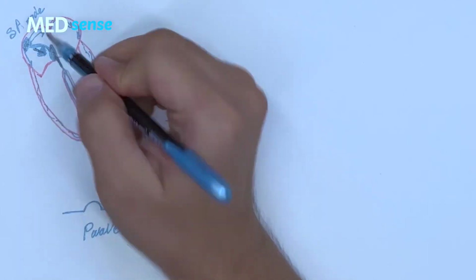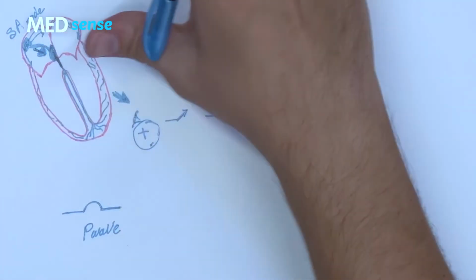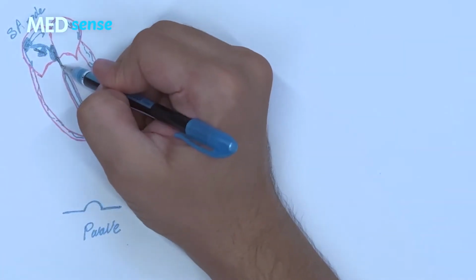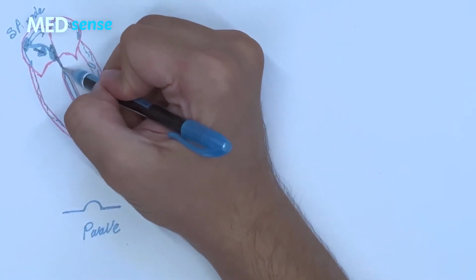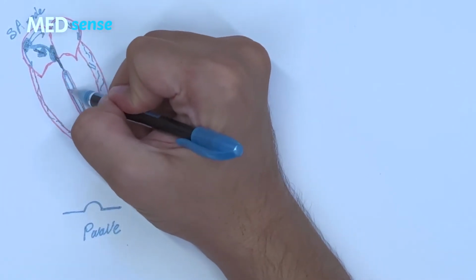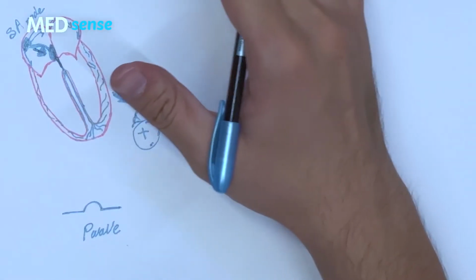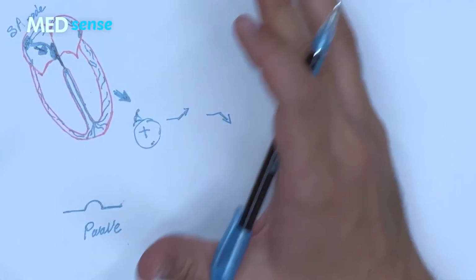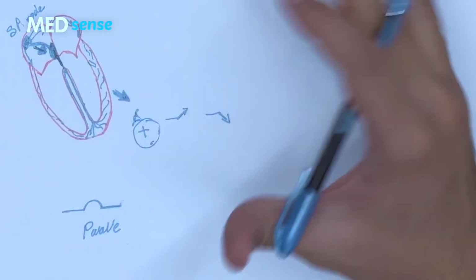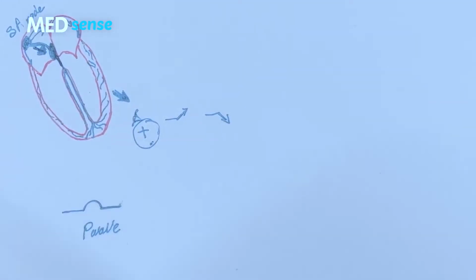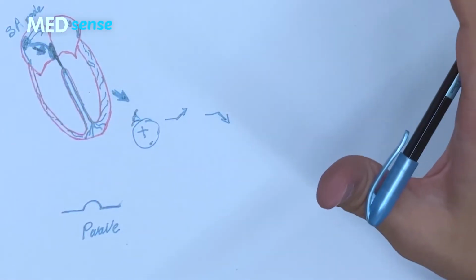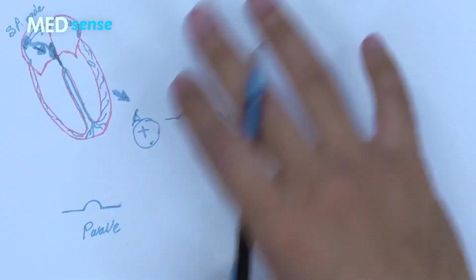Then the AV node releases this electrical impulse down to the ventricles through the bundle of His, then the right and left bundle branches. And as we said, the left ventricle is more muscular and bulkier than the right ventricle. So we can predict that the left bundle branch has to be thicker because it has to carry a larger electrical current.